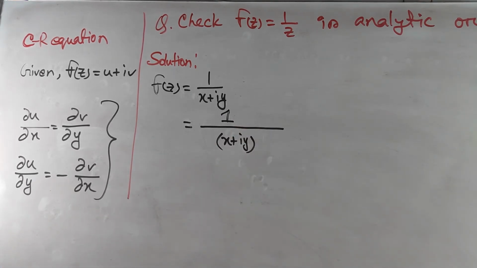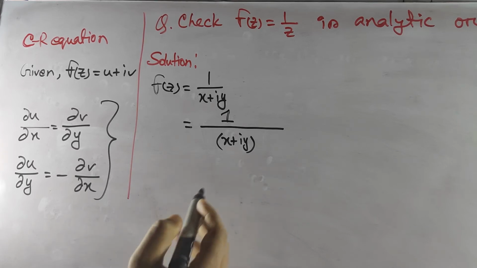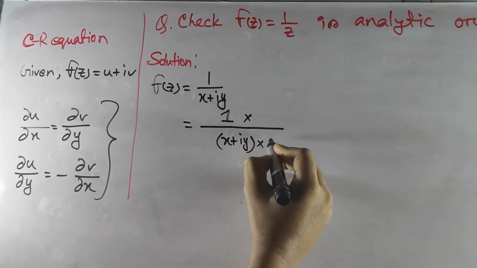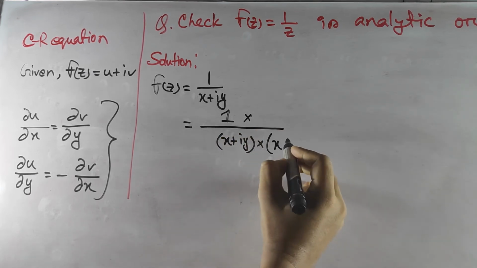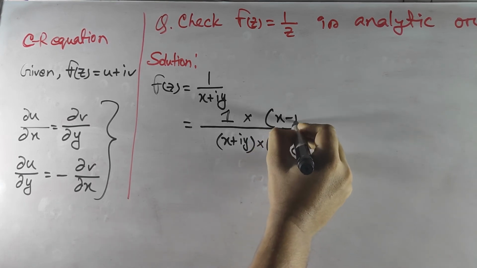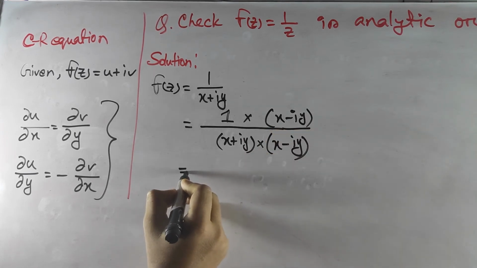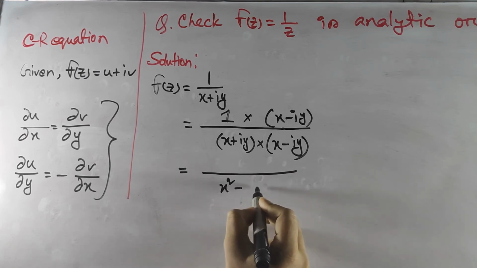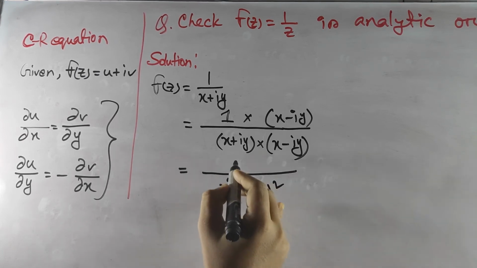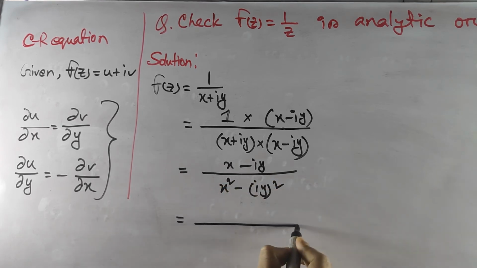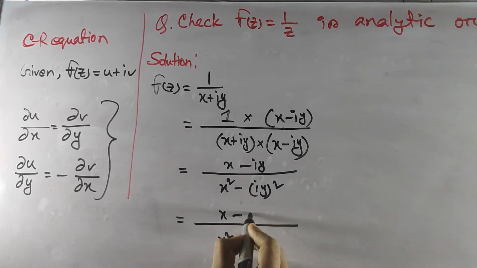Here take the conjugate of x plus iy in both the numerator and denominator. The conjugate of x plus iy is x minus iy. So the denominator will be x square minus i square y square, which is x square plus y square, and the numerator is x minus iy.